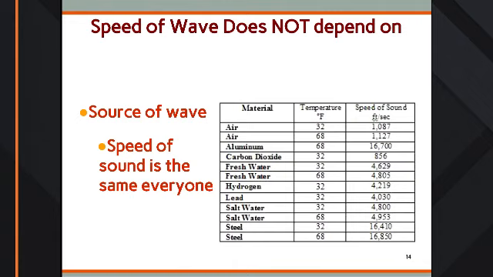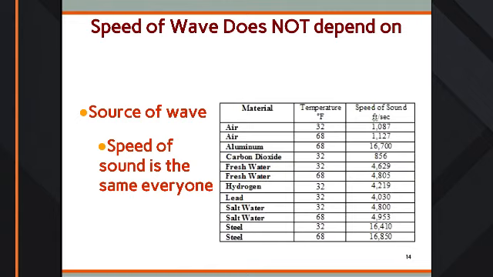Now, if you don't believe that, you could try it yourself, or you could take that idea that the source of our wave is not going to determine the speed, and look at different colors. Turn off your lights in your room or close your eyes and then open them.